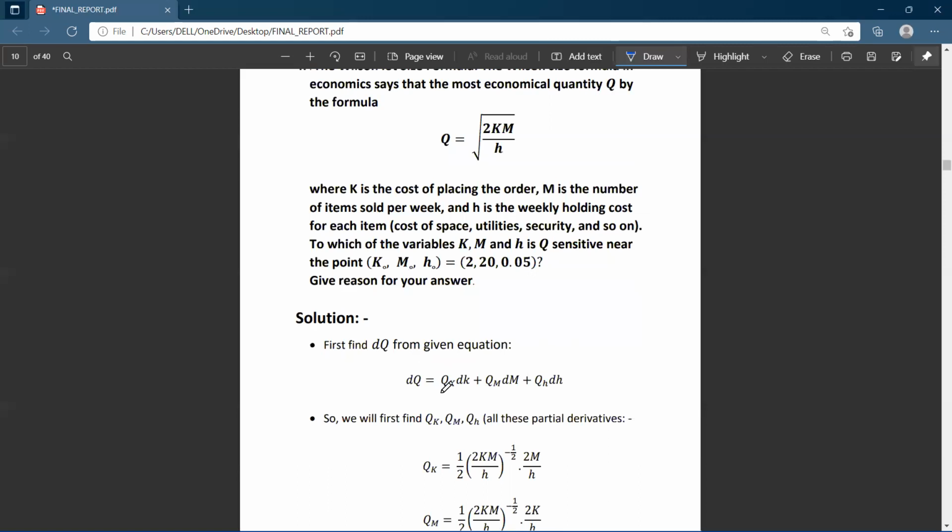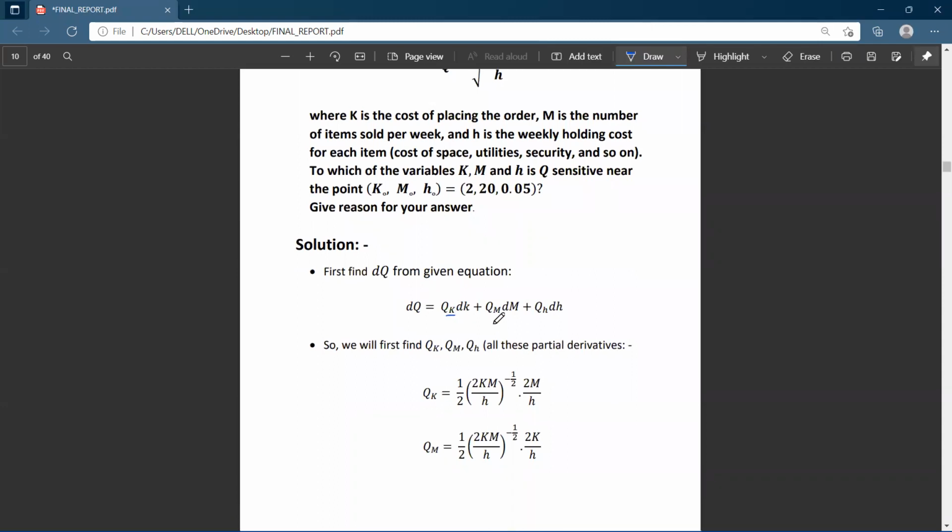We will identify this using this formula: the partial derivative of Q with respect to K times dK, plus the partial derivative of Q with respect to M times dM, plus the partial derivative of Q with respect to H times dH.